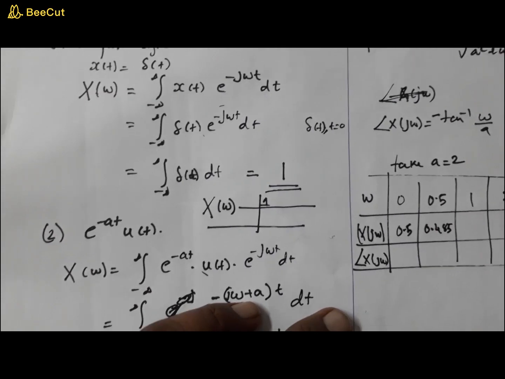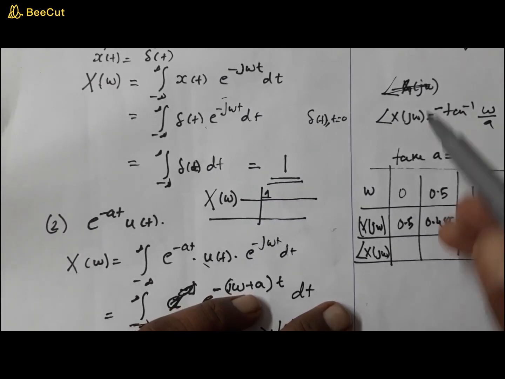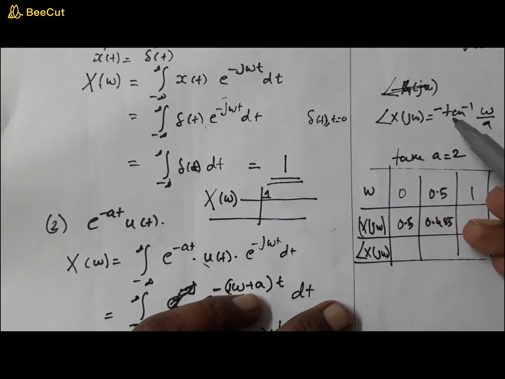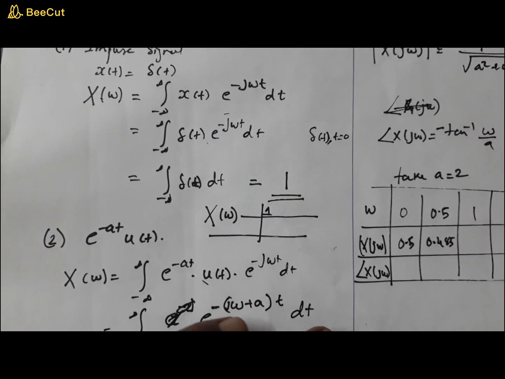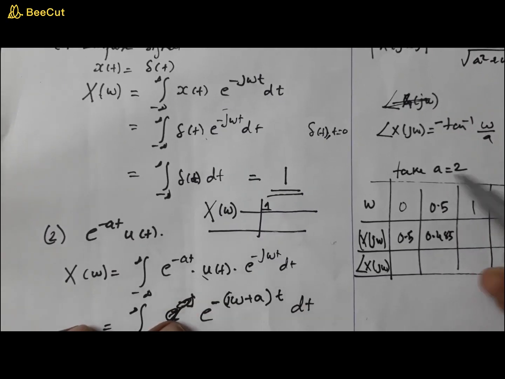In the same way, you can find out the angle. I'll just do two values for you. This is omega by A, with A taken to be 2, so you can write minus tan inverse omega by 2.